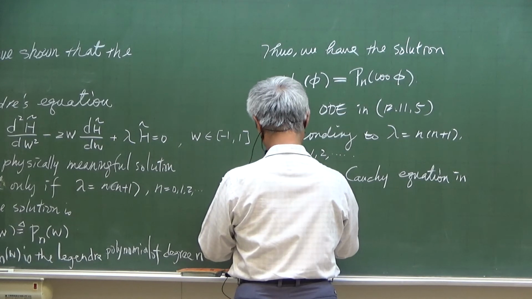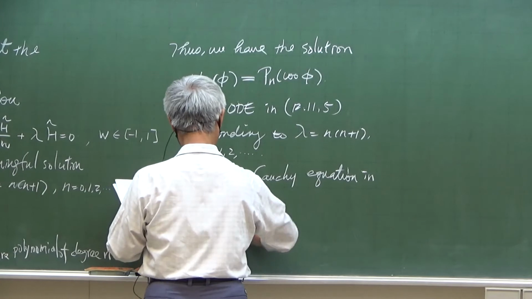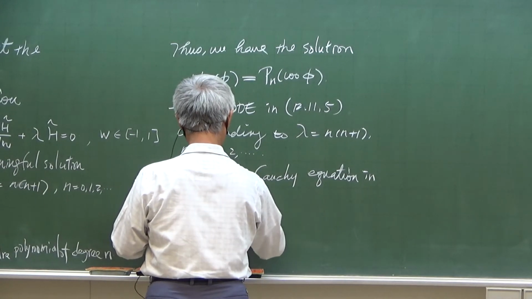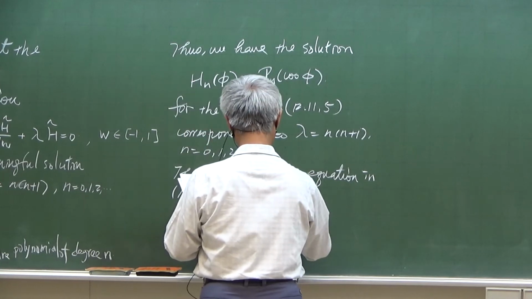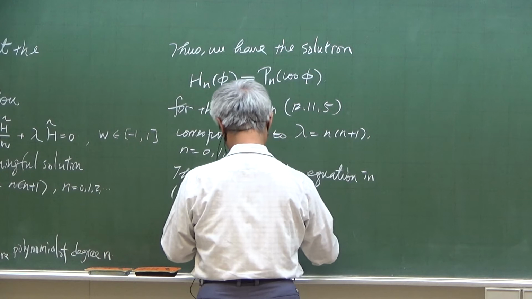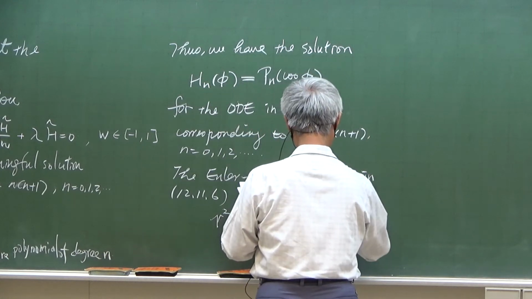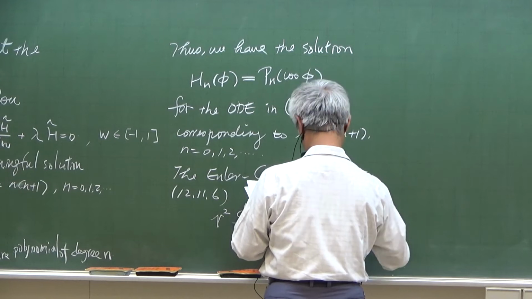That is r squared d2g dr squared plus 2r dg dr minus n times n plus 1 g equal to 0.